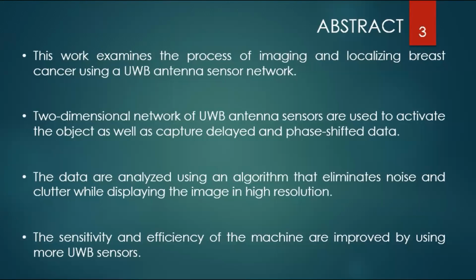These data are analyzed using an algorithm that eliminates noise and clutter, while displaying the image in high resolution. The sensitivity and the efficiency of the machine are improved by using more ultra-wideband sensors.